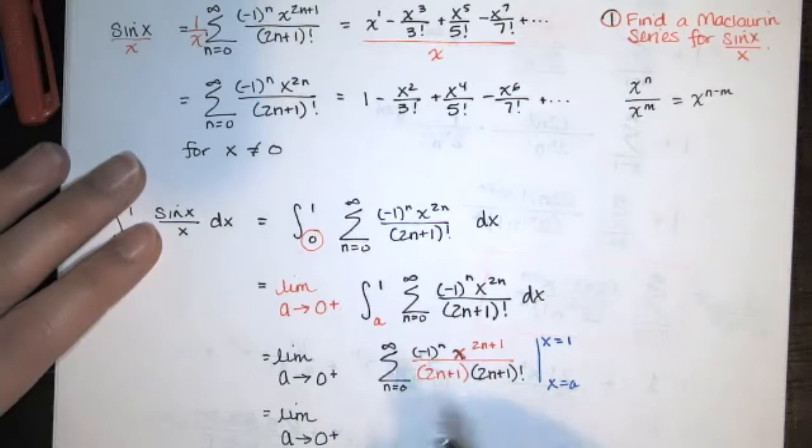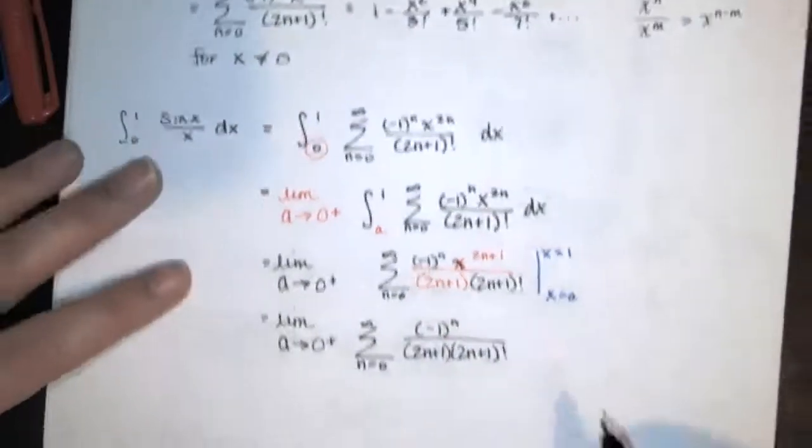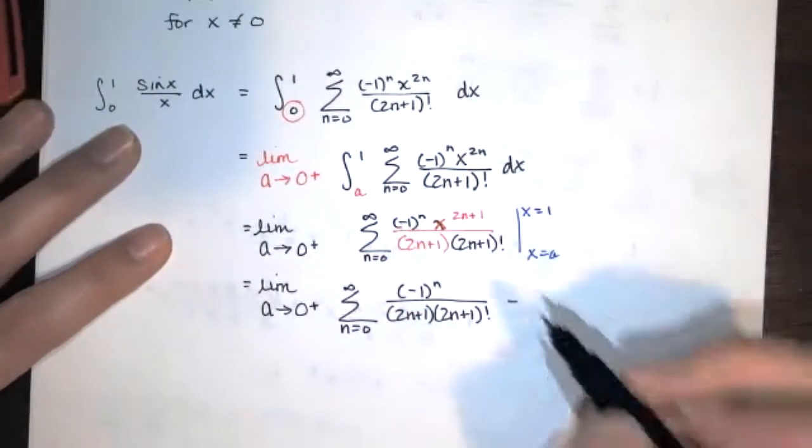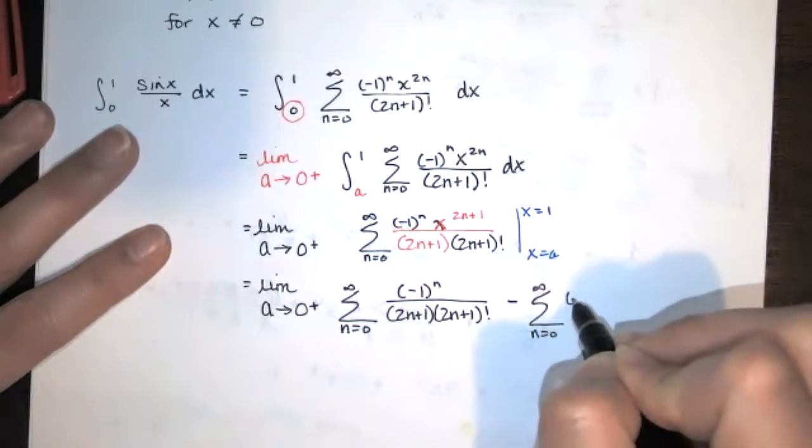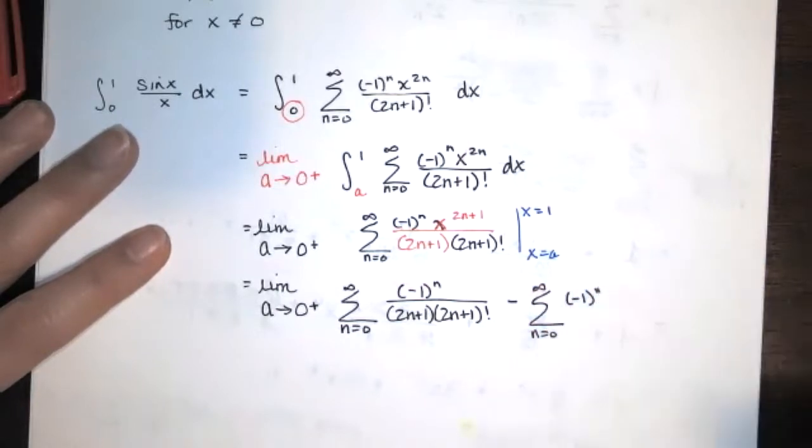At x equals 1, that's just going to be a 1. So you have the sum as n goes from 0 to infinity of -1 to the n over 2n plus 1 times 2n plus 1 factorial, minus, when x is equal to a, this expression. We're just replacing the x with an a.